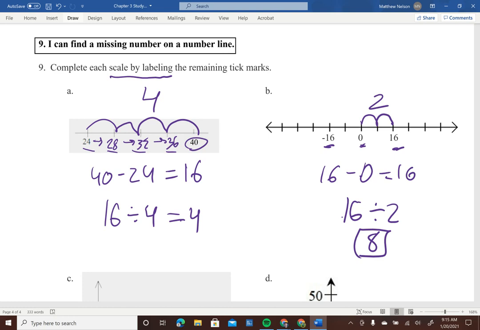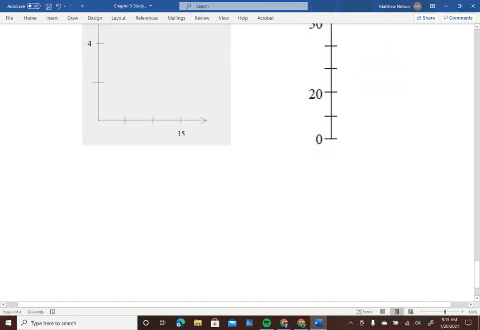So I can go ahead and fill in the numbers now, counting up by 8. 0, 8, 16, 24, 32, 40. Same thing over here. It's going to be the same numbers, but this time negative. So I'm counting down by 8 or adding negative 8. All good there. Final part here.